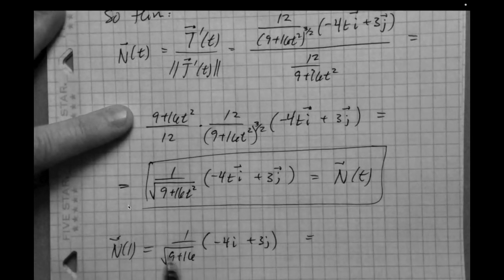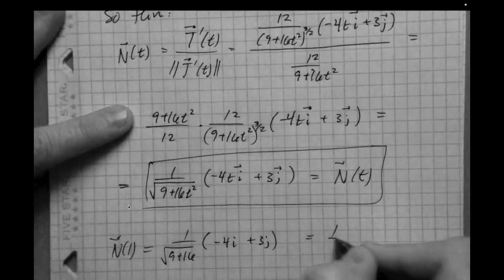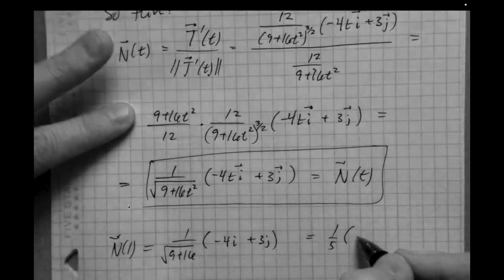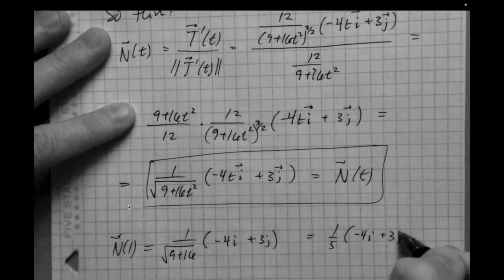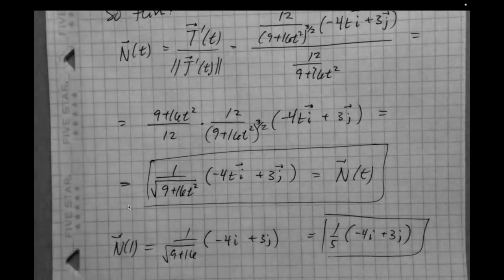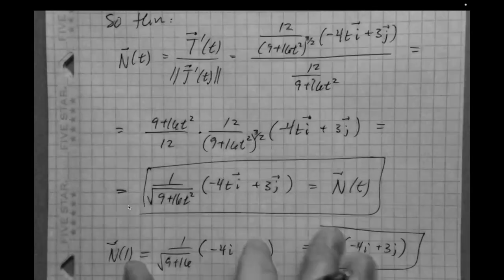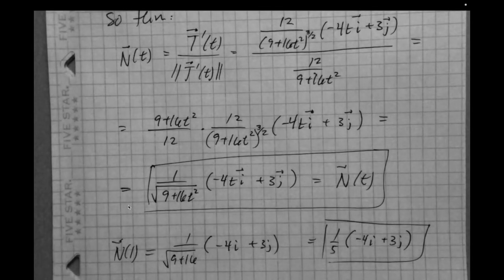And this is 1 over the square root of 25, so it's 1/5 times negative 4i plus 3j. So that's N of 1. Okay, very good. All right. So that's the principal unit normal vector, and that's an example of how the calculation might go.